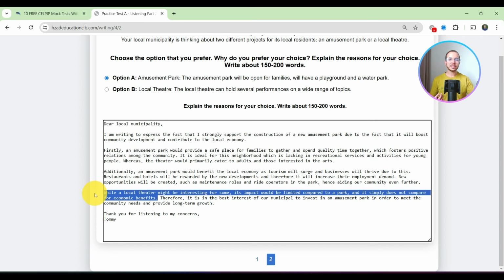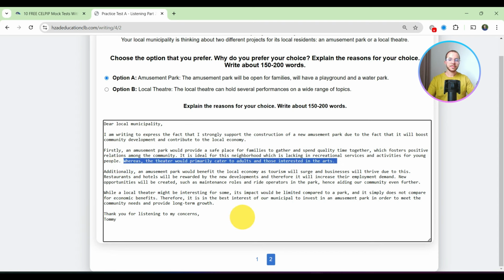So it's really only one sentence here that talks about the drawbacks of option B, and one sentence up here as well. In my opinion, that's sufficient. It shows that you are still analyzing both option A and option B. Thank you for listening to my concern, Tommy.